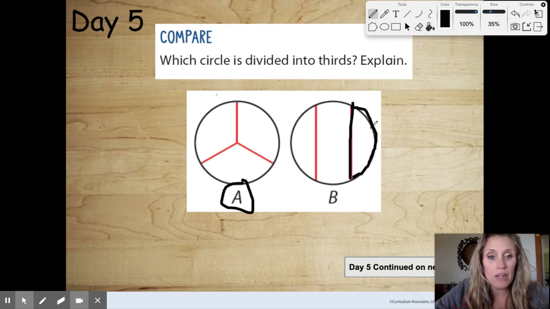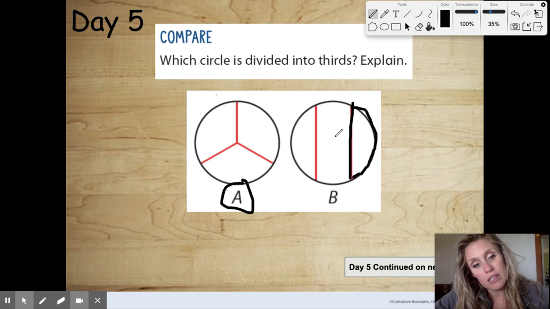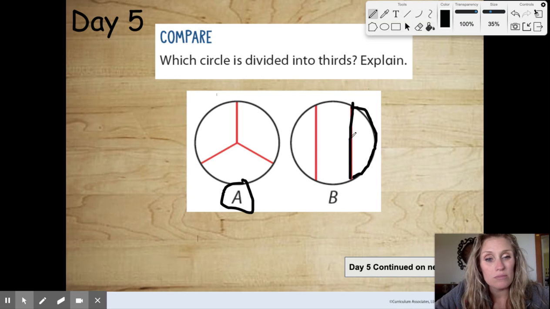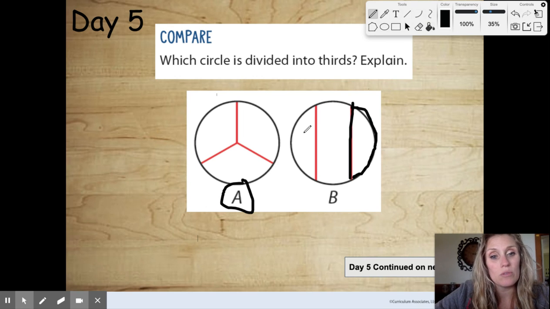If I were to fold that over on top of this other middle section, I could probably tell it's a lot smaller. I don't get as much. It's not equally divided, each third of the shape. So yes, they're both broken into thirds, but the one that I would have probably choose is A, because it is divided into equal thirds.